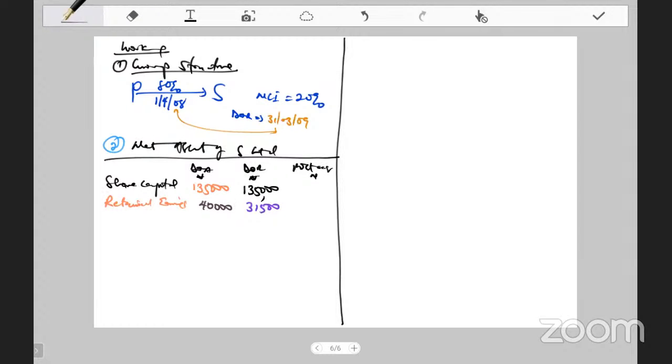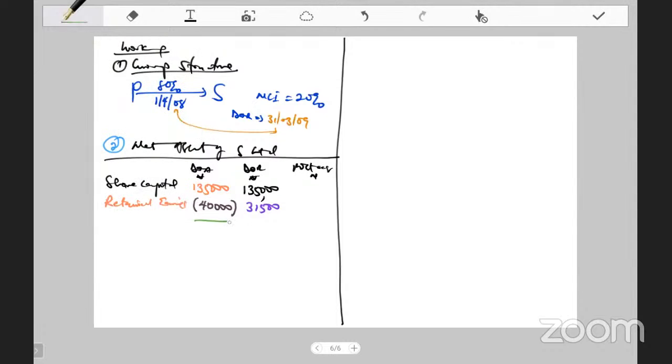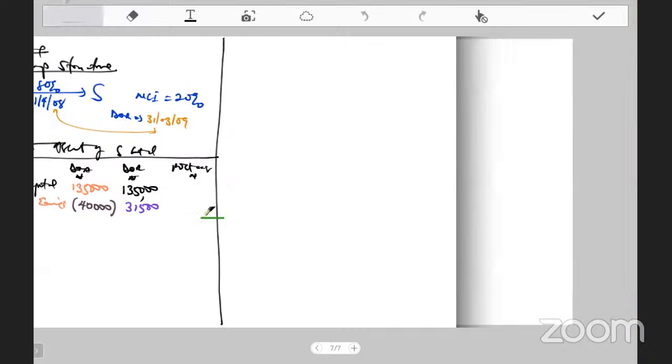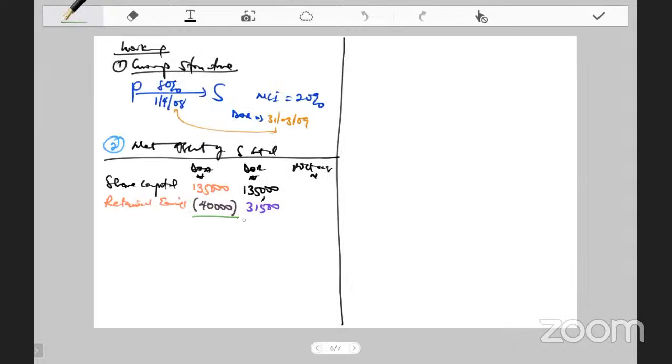But the examiner told me it's a debit. So that's why it's going to be in a bracket. And this is going to really open up a lot of things that we are going to see as we move ahead. Pardon me, let me go back. No wahala with it, this is 0.